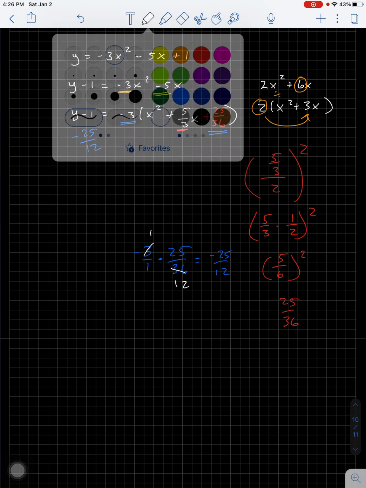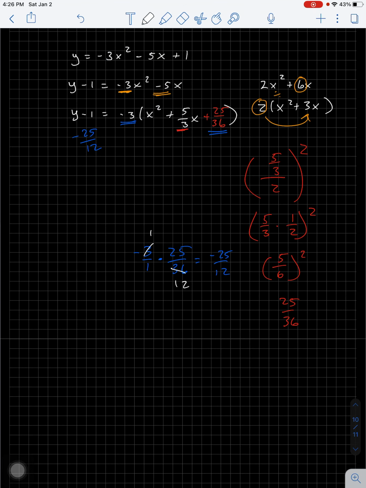Okay, then we're going to simplify up. Negative 1 minus 25/12. All right, scratch paper down here. Negative 1 minus 25/12. So I need a common denominator. So this is going to be negative 37/12.